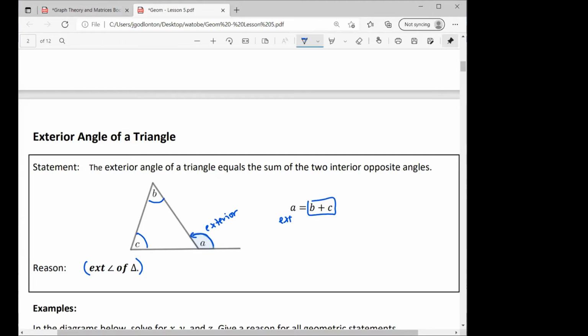So we need to make sure we practice it to get it right. A sometimes could be 90 degrees, but not all the time. For example, if C was 20 and B was 60, then A would be 80 degrees. We would add those two together. Whatever those two angles are on the inside, that's what we get on the outside.